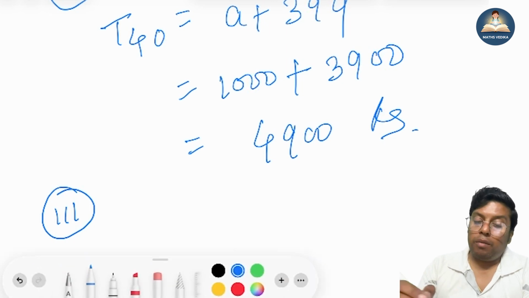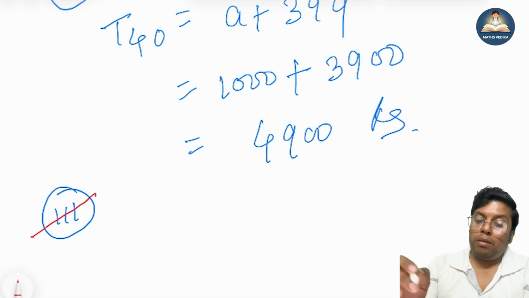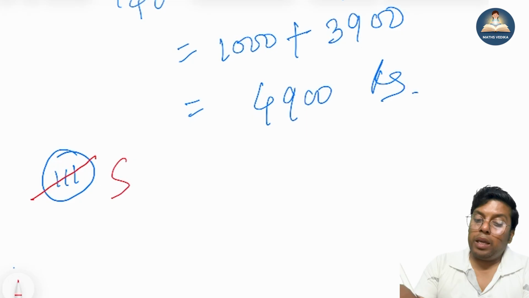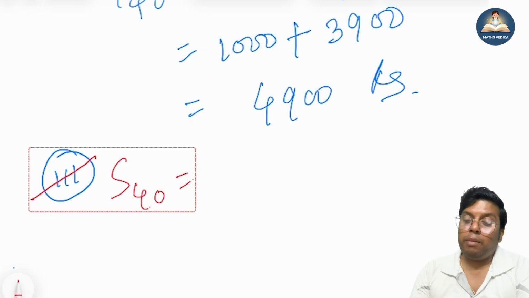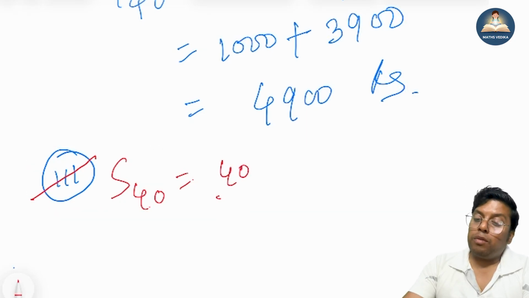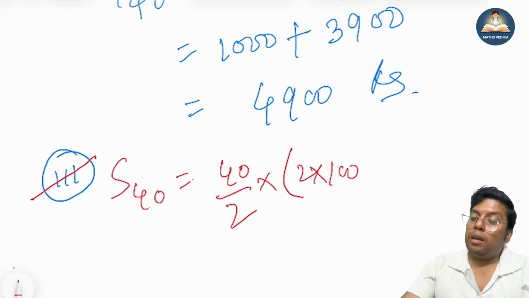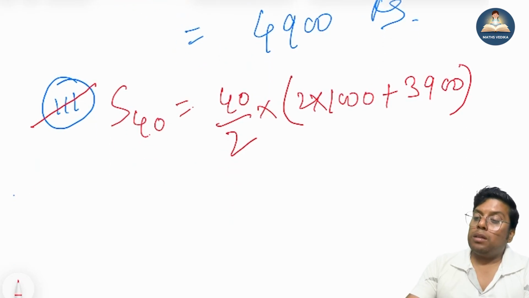So we can check by finding S40, that is the sum of all installments in 40 installments. That will be 40 by 2 into 2a plus n minus 1 d, that is 39d, that is 3,900.